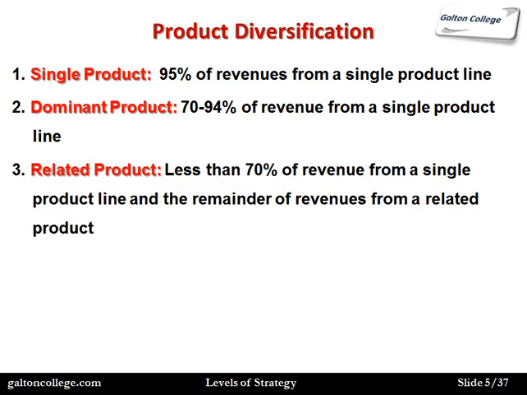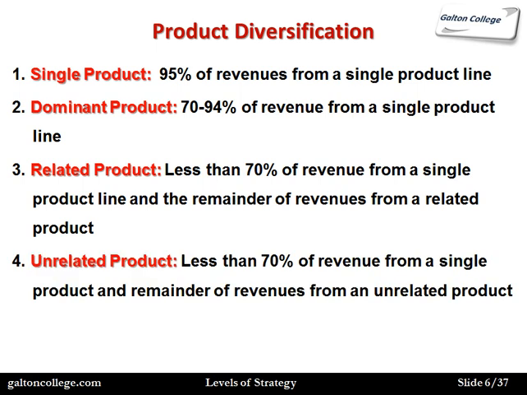Related products: less than 70% of the revenue from a single product line, but the remainder of the revenue comes from related products. So, roughly speaking, less than 70% coming from a particular product, but the rest coming from linked, related products.